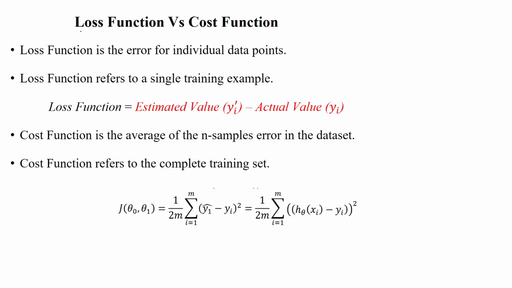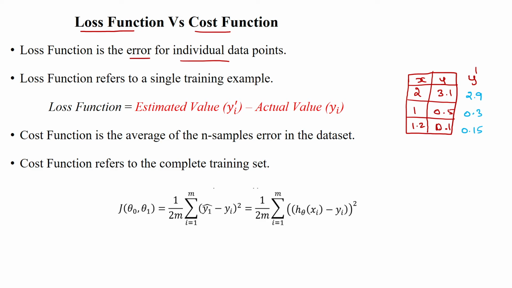Here we use two terminologies: loss function and cost function. The loss function is the error calculated for an individual data point, but when you calculate the error for all the data points, that is called the cost function. Here the data set has 3 data points.